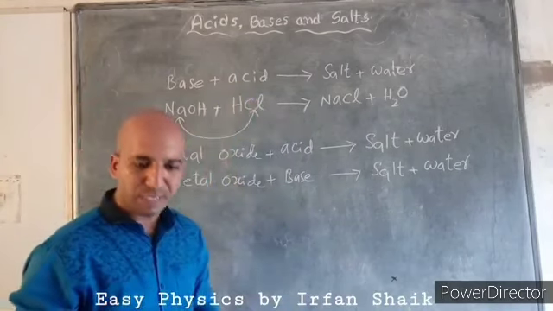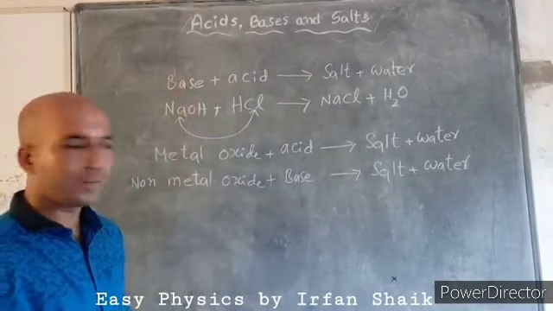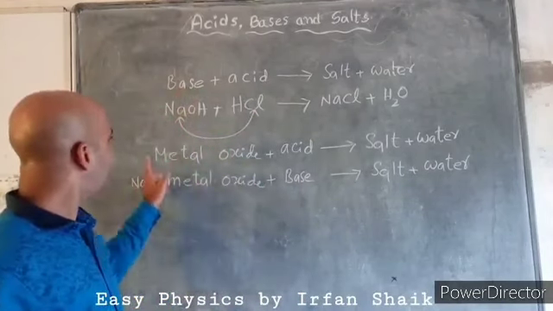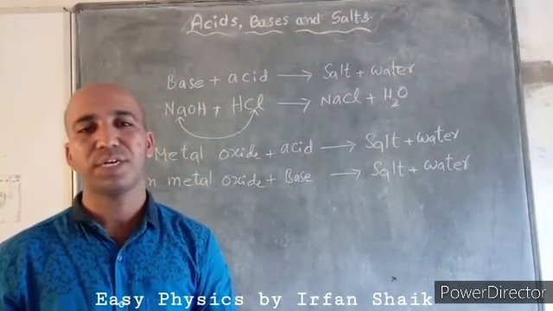So by this we can easily conclude that metallic oxides are basic in nature and non-metallic oxides are acidic in nature. What are the examples of non-metallic oxides? Carbon dioxide, carbon monoxide, nitrogen oxide, nitrous oxide, sulfur oxide.